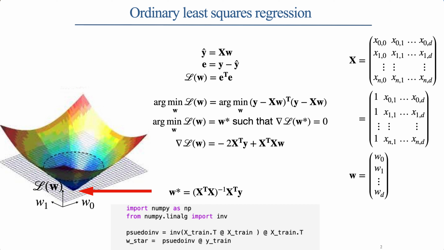Okay, so our notion of regression is that we want to minimize the error, the difference between the true y values of each one of these data points. So y is going to be a column vector that's the same height as the number of data points. Those y's are the true values.